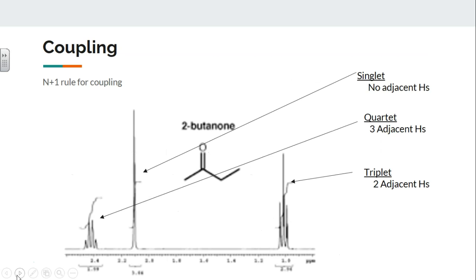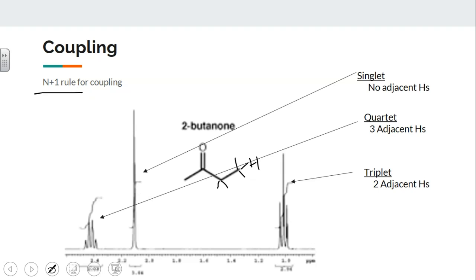The next thing we want to talk about is coupling. Coupling happens when protons on adjacent carbons interact with the hydrogens being read by the NMR. The rule is the N+1 rule.